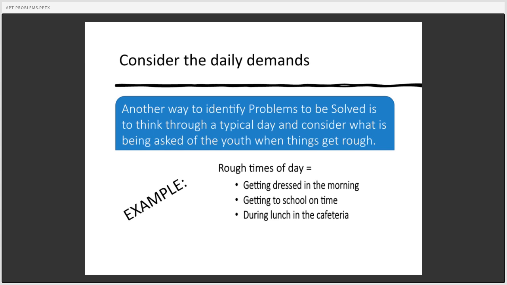During lunch in the cafeteria, that can be a really hard time. So that particular situation, that particular time of day is hard. When she's asked to set the table for dinner, so that expectation of setting the table for dinner, that's a rough time. So again, all 4 of those things could go separately on our list of problems to be solved.